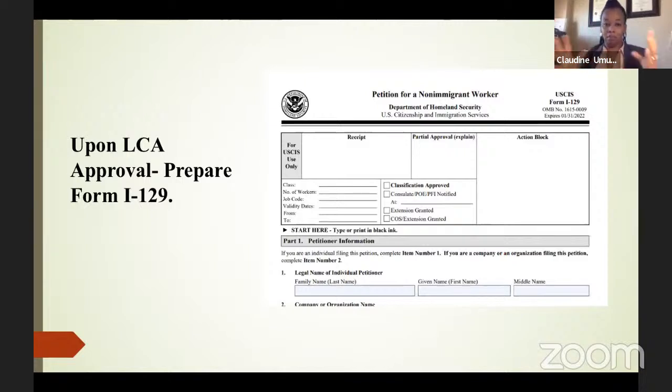Do I need to get selected? And that's a yes. Because there are other exceptions or exemptions from the cap that we discussed in the past or we'll discuss later. For the purpose of this presentation, we're only talking about the H-1B cap. And also on the H-1B data collection form, that's where you choose how many employees you have, and if you have to pay the filing fees that we will discuss soon.